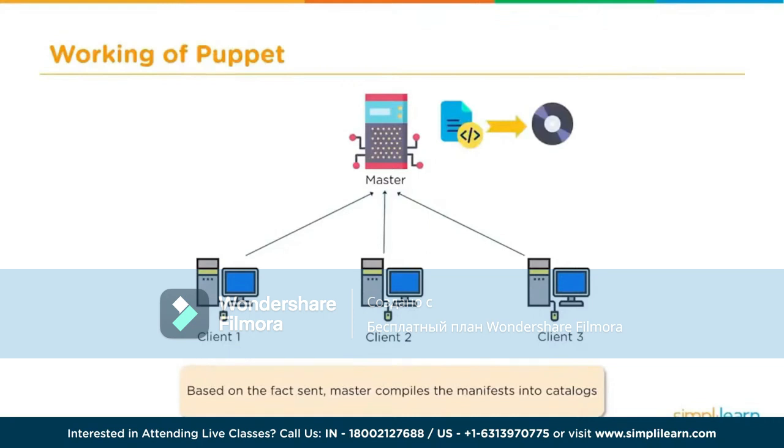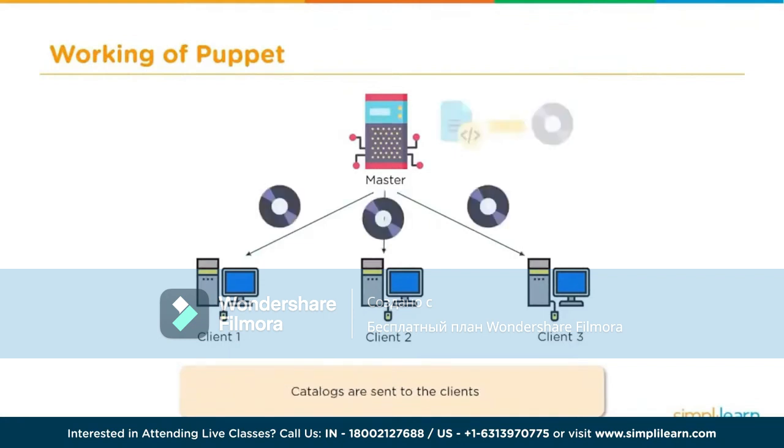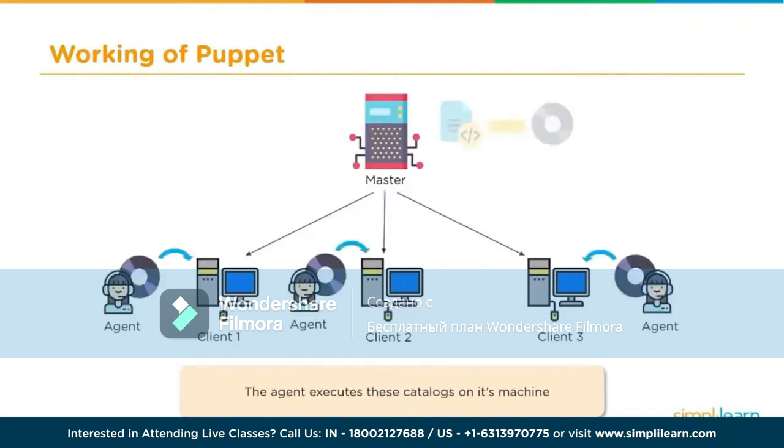So why does the master do this? The master basically compares the facts against the manifest to know if what the manifest is about to perform is already performed on these systems. So if the manifest has some additional functionality, they are compiled into catalogs, and then these catalogs are sent over to the client. Now remember those agent services which existed in your clients? Here's where they come in.